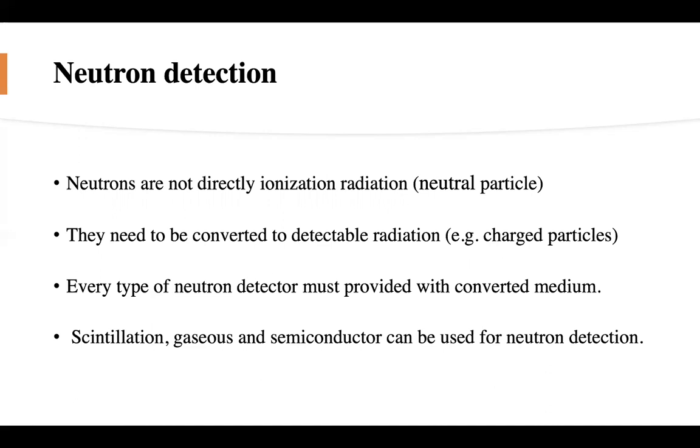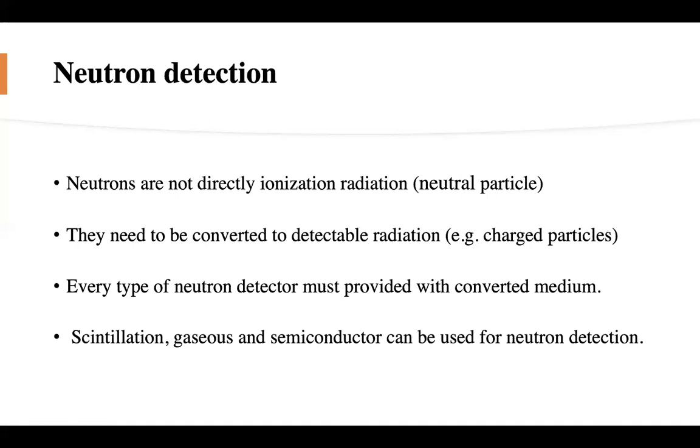Every type of neutron detector must be provided with a converting medium. We have two different types of neutron, fast neutron and thermal neutron, or slow neutron or low energy neutron. So we need to convert the neutron to alpha particle, for example, or to gamma, and then we can detect gamma and alpha particle.